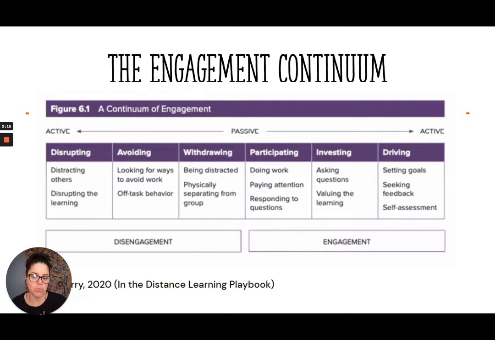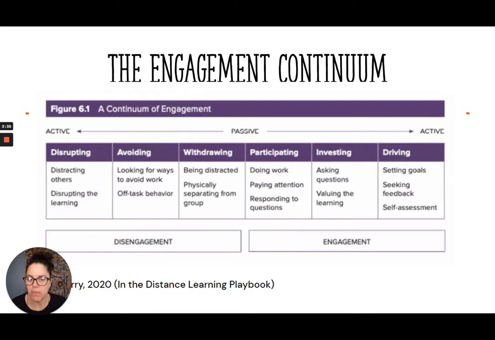So let's think about engagement in general as being on a continuum. This is Amy Berry's work from the Distance Learning Playbook. On one end, you have disengagement on the left-hand side. You can be actively disengaged, and we know that that's sometimes not even showing up. As you move to the center of the continuum, you see this passive space.